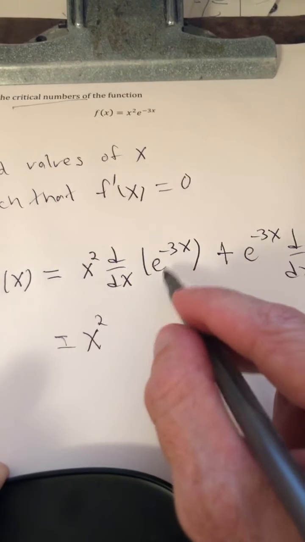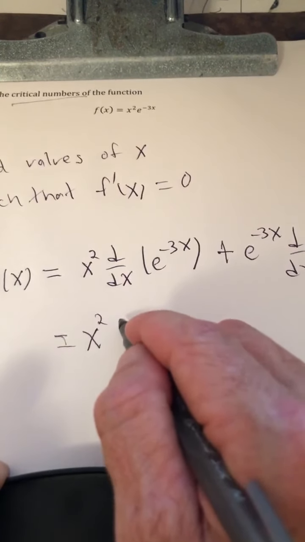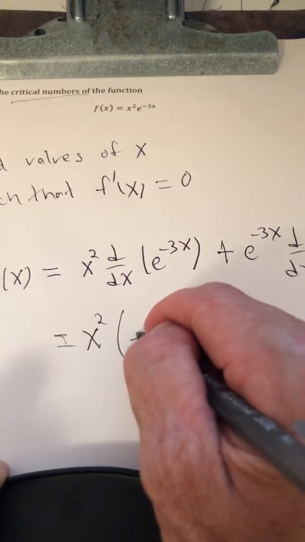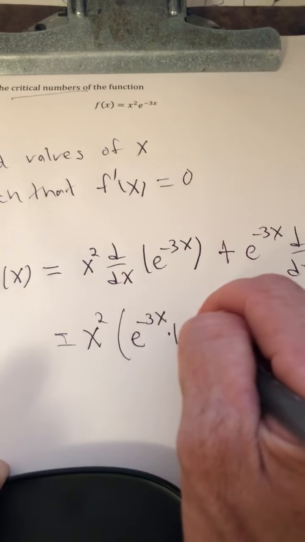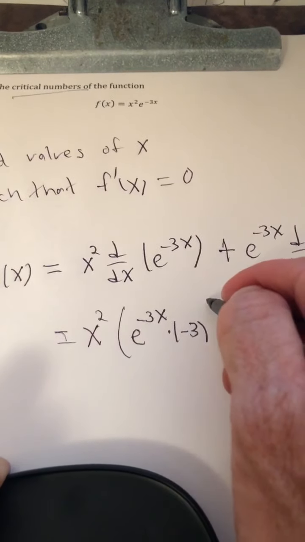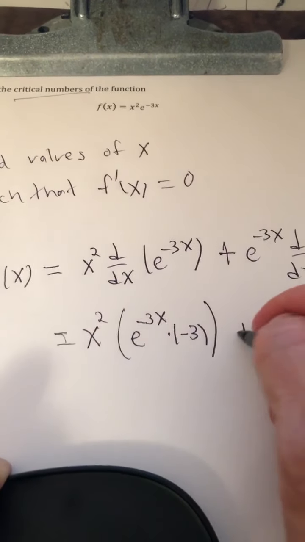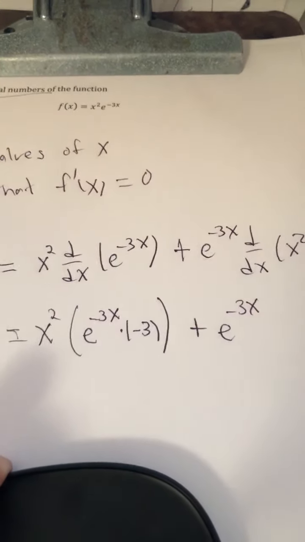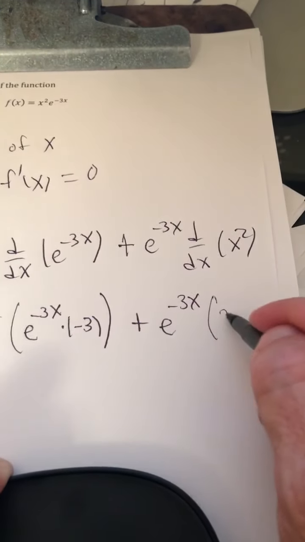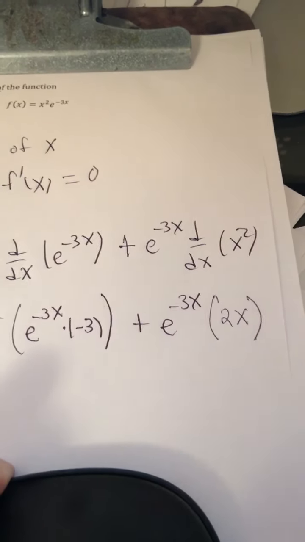Now, the derivative of e to the negative 3x, we have to use the chain rule. We have e to the negative 3x times the derivative of the inside, which is negative 3. And then we have e to the negative 3x times the derivative of x squared, which is 2x.